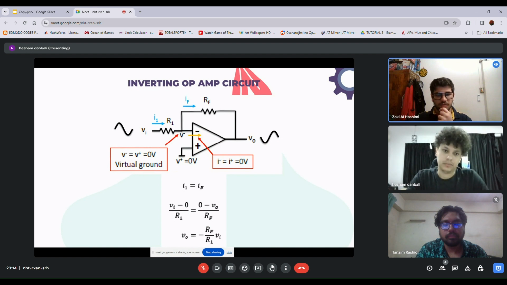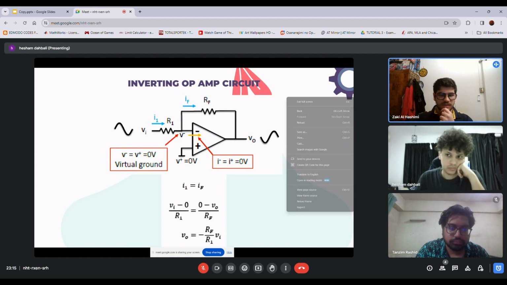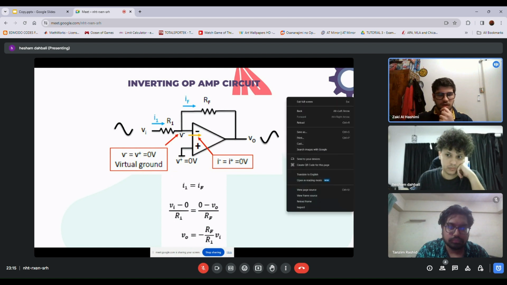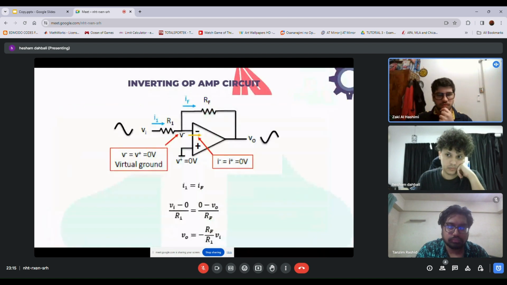Therefore, from this formula, we can determine the output voltage as the input voltage multiplied by the ratio of negative RF over R1, meaning that the gain of this circuit is negative RF over R1. This means that the output of the circuit would be the input voltage inverted and multiplied by the ratio of RF over R1. Next slide, please.